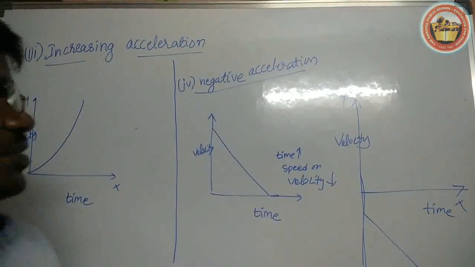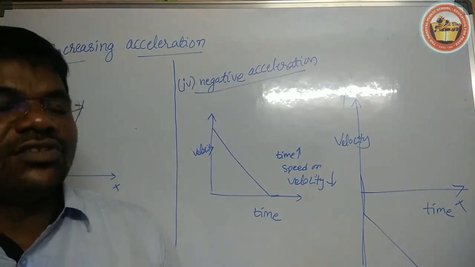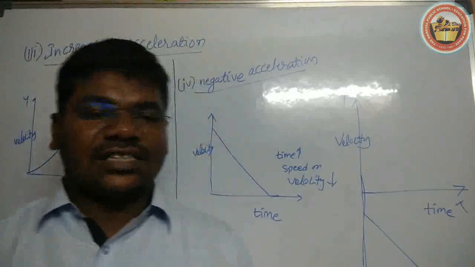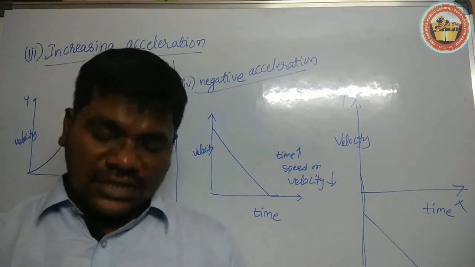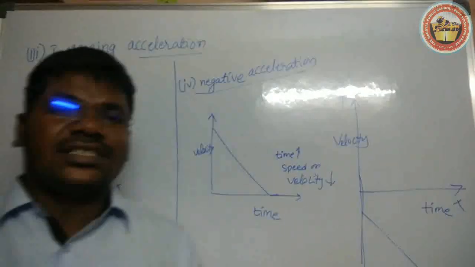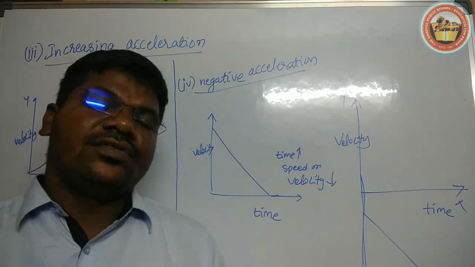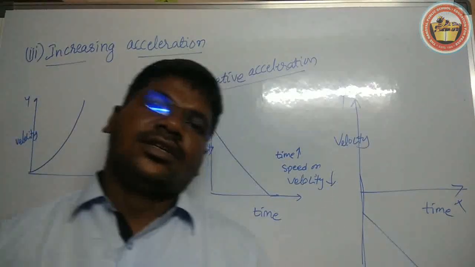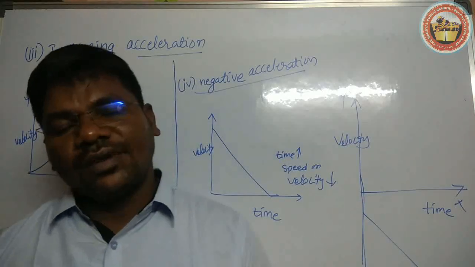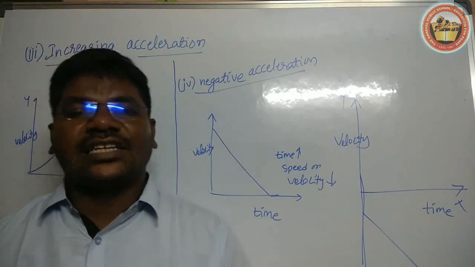These are the graphs for a particle having zero acceleration, increasing acceleration, negative acceleration, like that. See here what happened. We can use these graphs in plus one.